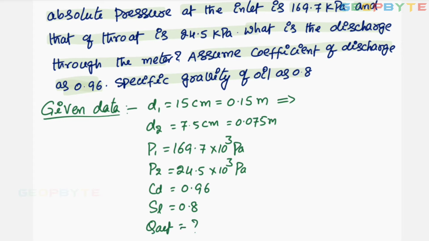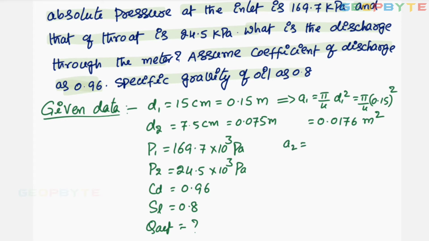That's the problem. Here A1 equal to pi by 4 into D1 square, pi by 4 into 0.15 square. Simplify this value for getting A1, 0.0176 meter square.